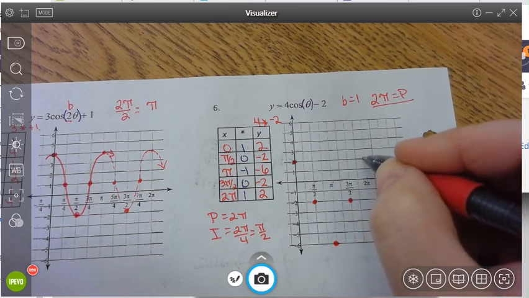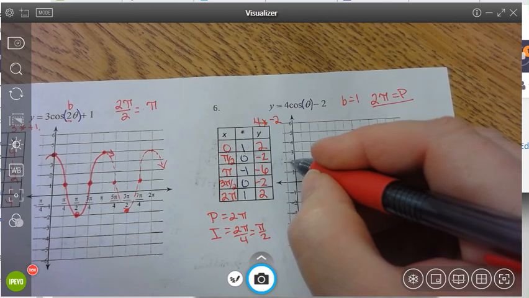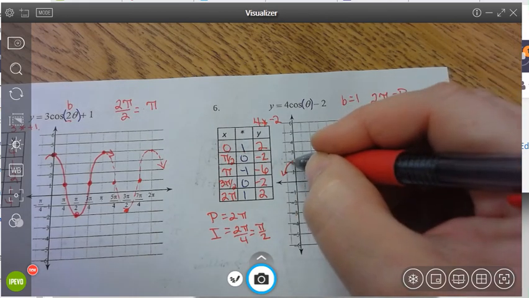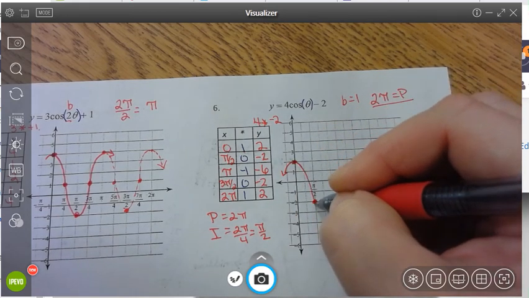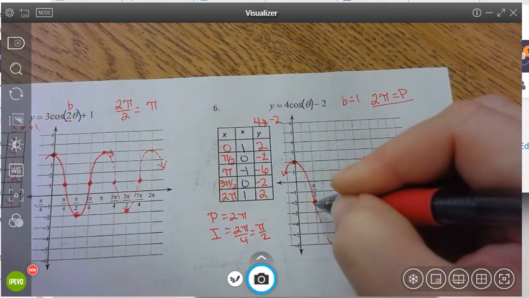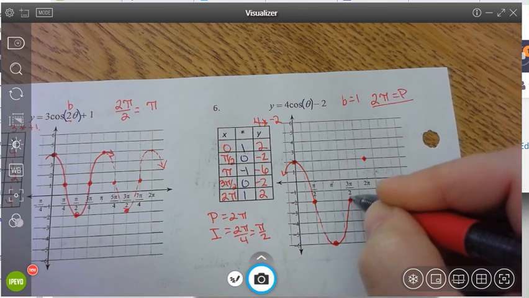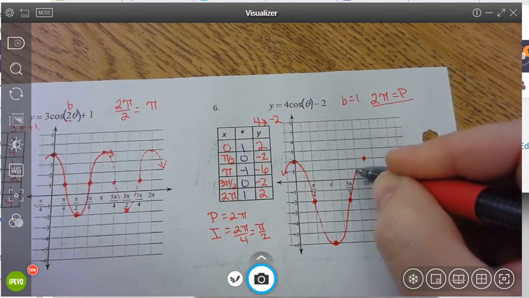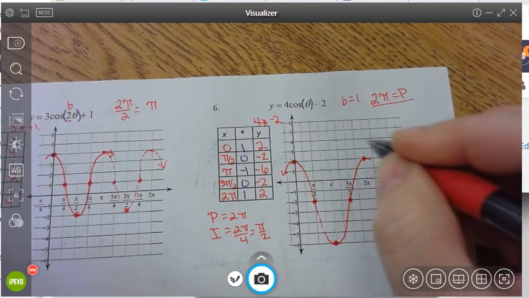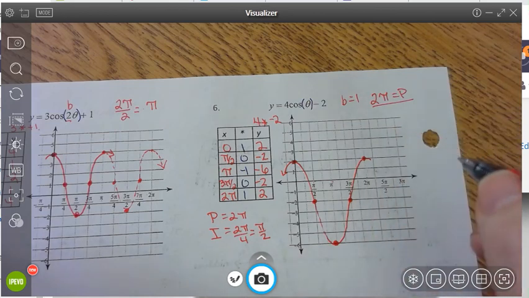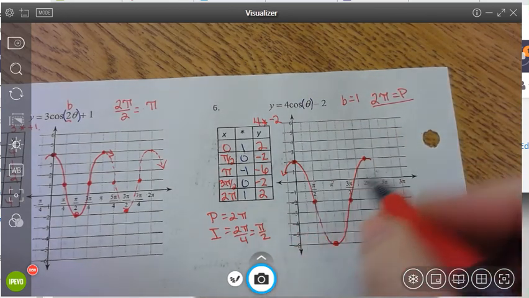And 2 pi is back up there. Now, I don't have enough room to complete another cycle. I would be tempted, but I don't have that kind of room. Notice our center is right here.